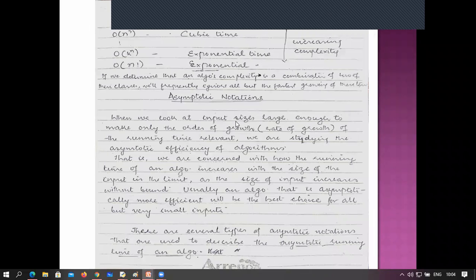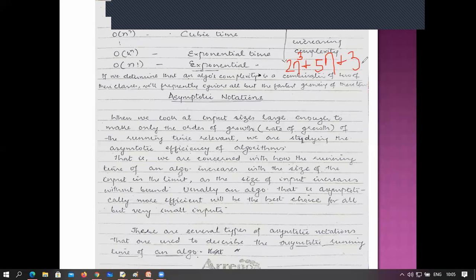Okay. So right now, suppose any algorithm is getting this complexity. Suppose I'm finding the exact number of operations performed by an algorithm, and it comes out to be the equation 2n cube plus 5n plus 3.